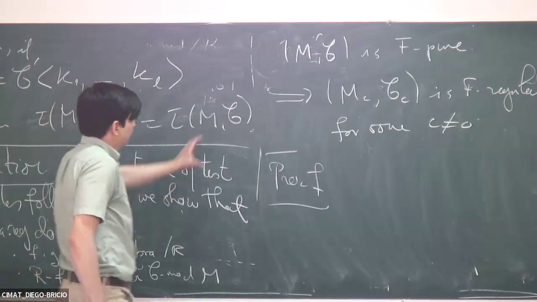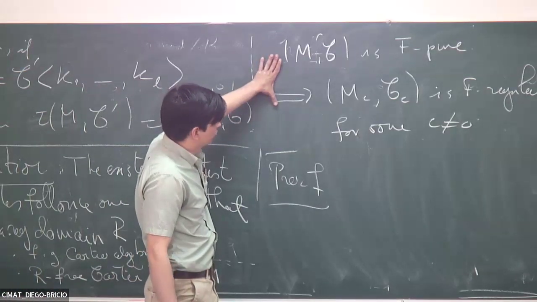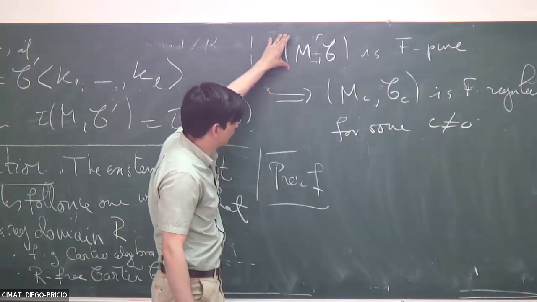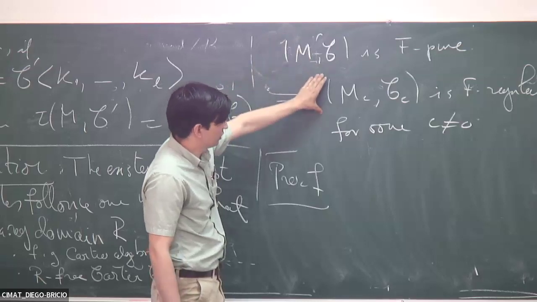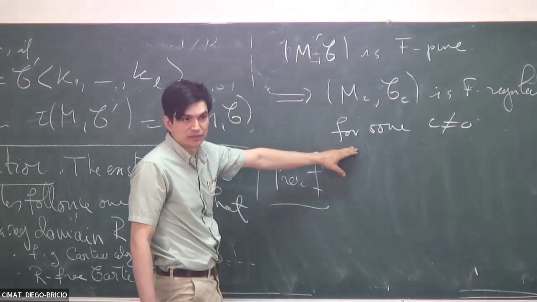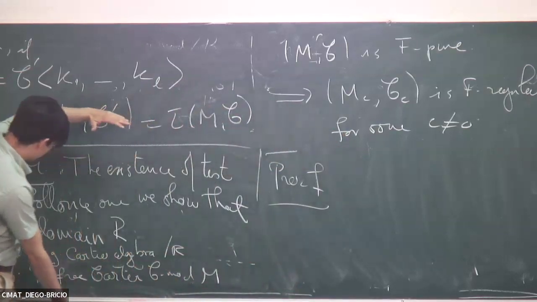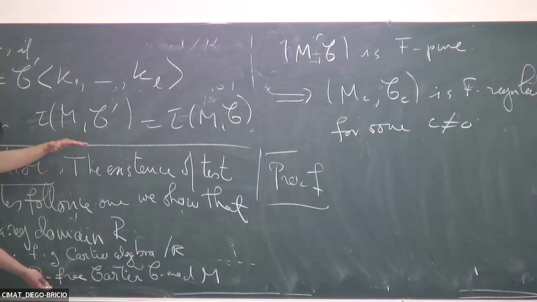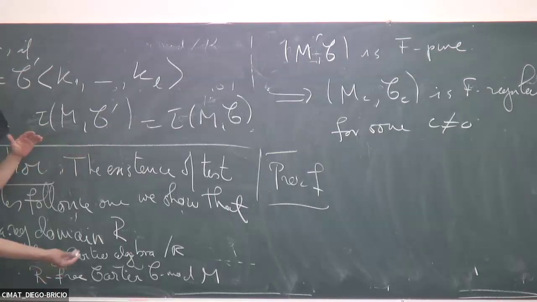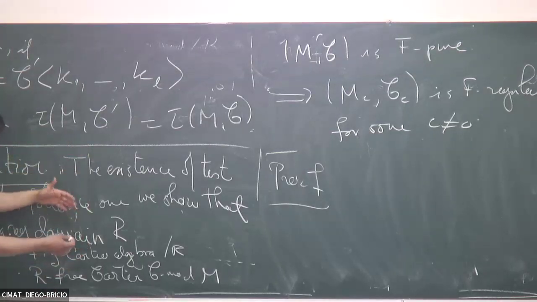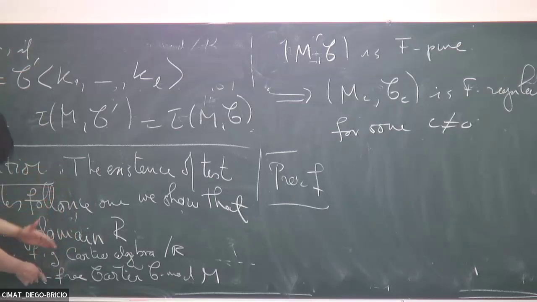So in general, this is what you have to prove. You have to prove that if you have a pure pair, then it becomes F regular after localizing. That's what existence means. But what we've been arguing is like you can do that in a more restricted setup. The fact that you can take a regular domain, that's fine. You just shrink until you avoid all singularities. And you can shrink enough to make M to be free.